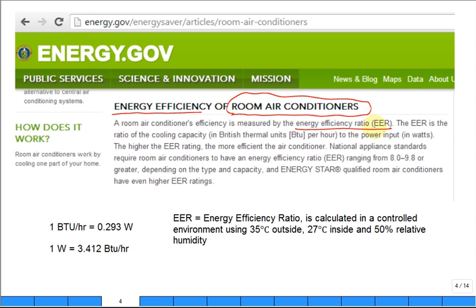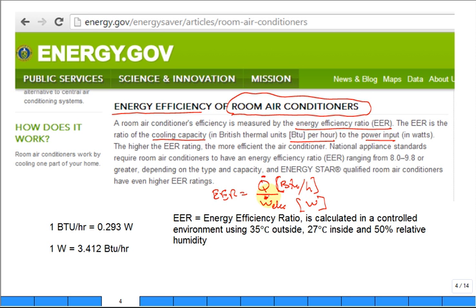And this EER is the ratio of the rate of cooling, or cooling capacity, in BTUs per hour, divided by the power input, here W dot electric, into the system in units of watts.